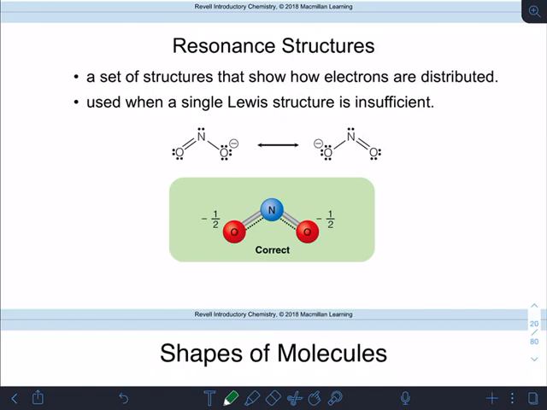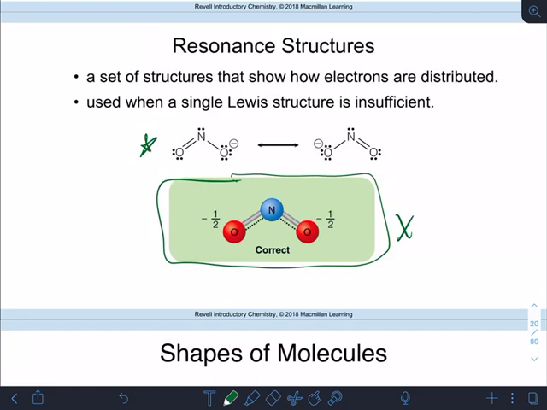But the reality is that both of those drawings are correct simultaneously. So it's very easy to think that that double bond is shifting back and forth between the left side and the right side, almost like flipping a light switch on and off. The reality is what is in this box here, that really those are 2 1.5 bonds instead of a single bond and a double bond.